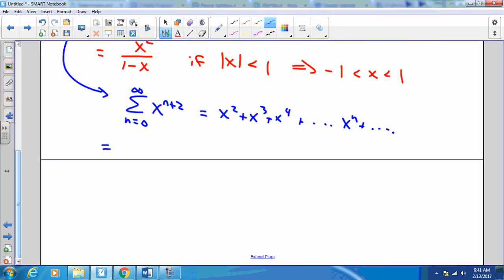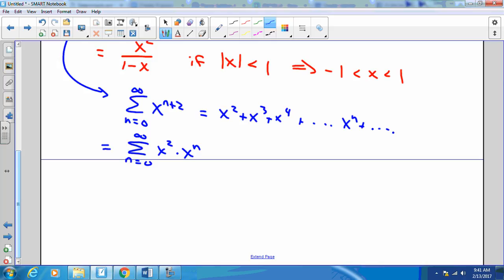But now, this isn't really in my geometric form, is it? So I'm going to pull off a little bit of algebra to rewrite my series here. Now here is the key. Students will get the n's and the x's vastly confused sometimes.